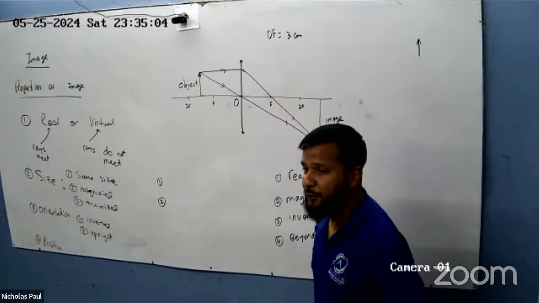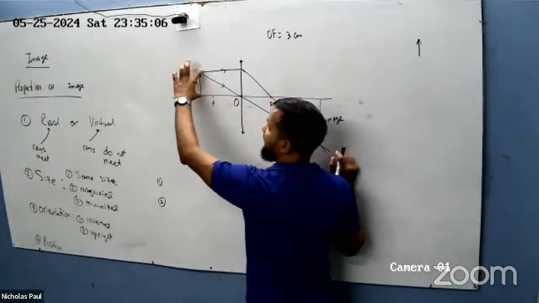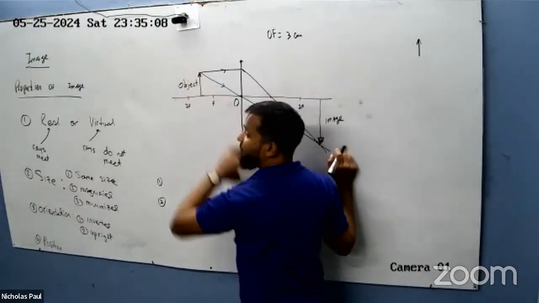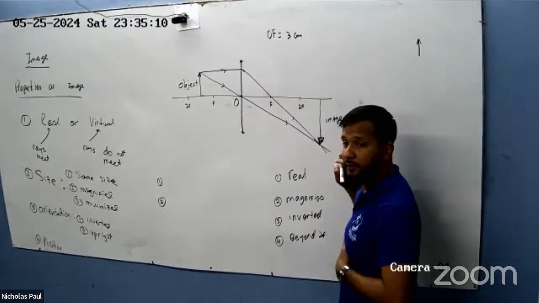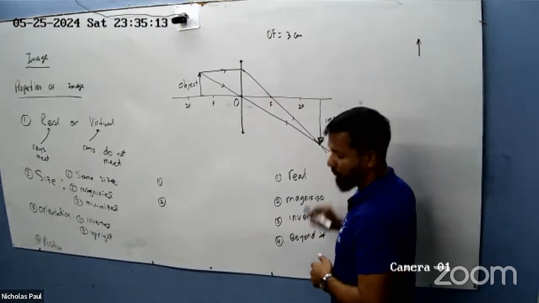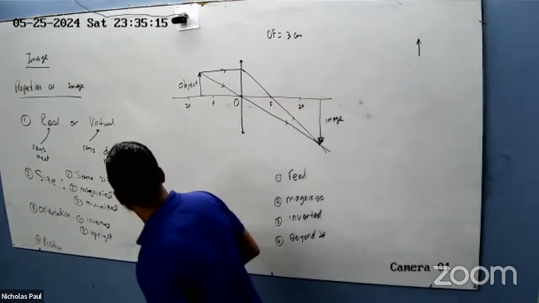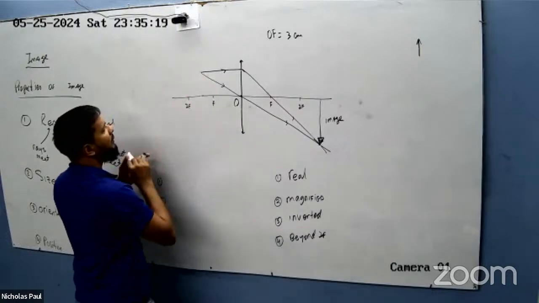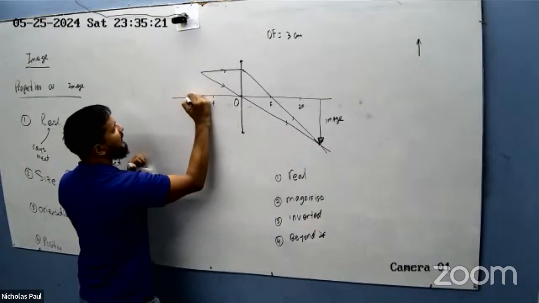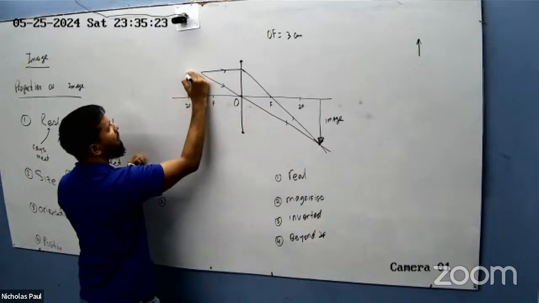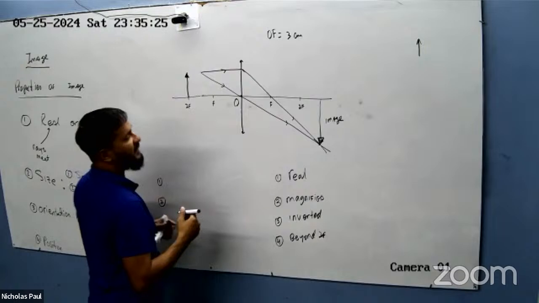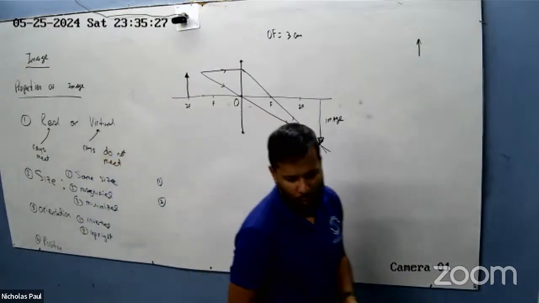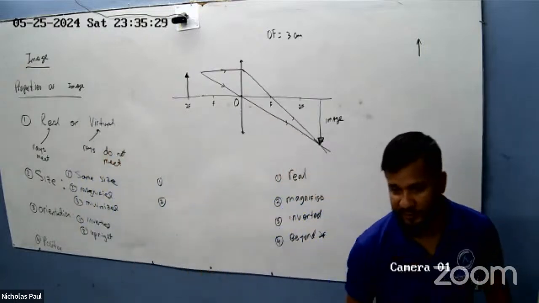Here's what you're doing from now. You're taking the 3 centimeters and you're putting it on 2F. So I want you now to move the object from there and put it on 2F. All the same dimensions, right? All you're doing is changing where the object is.